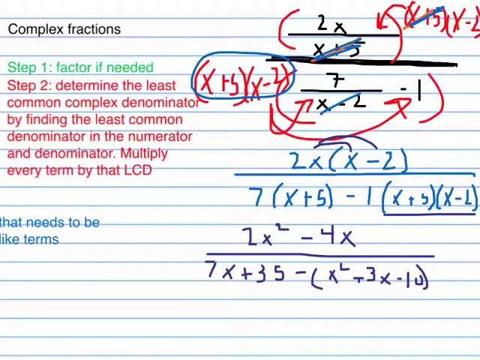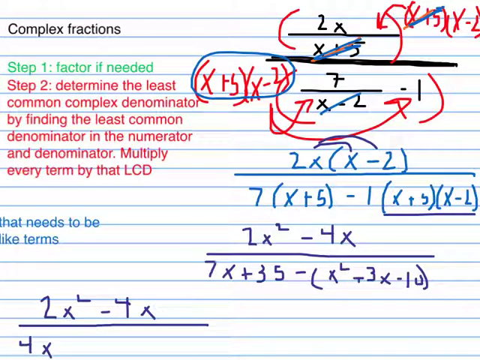Alright, the last thing is just to combine any like terms. I have 2x squared minus 4x over, so I have 7x minus 3x, which would be 4x. 35 minus negative 10 is plus 45, and then minus an x squared.